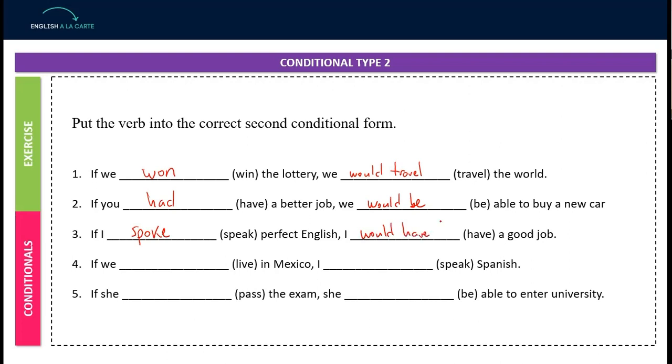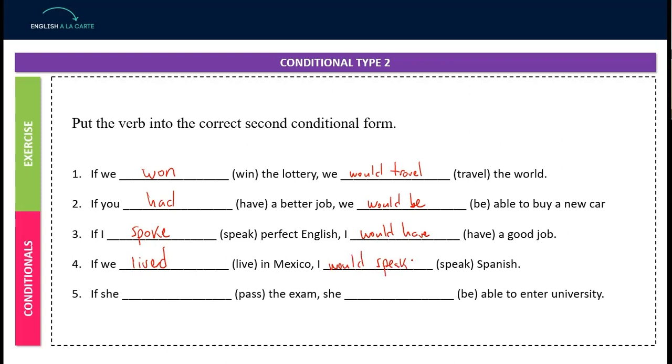Number four. If we lived in Mexico, I would speak Spanish. If we live... Lived? Yes, good. If we lived in Mexico, I would speak Spanish.